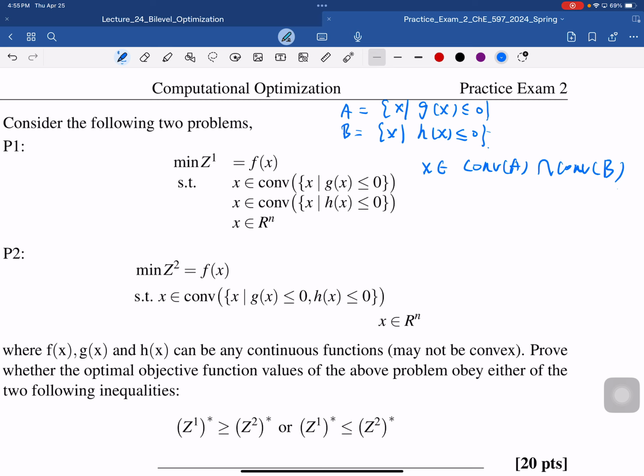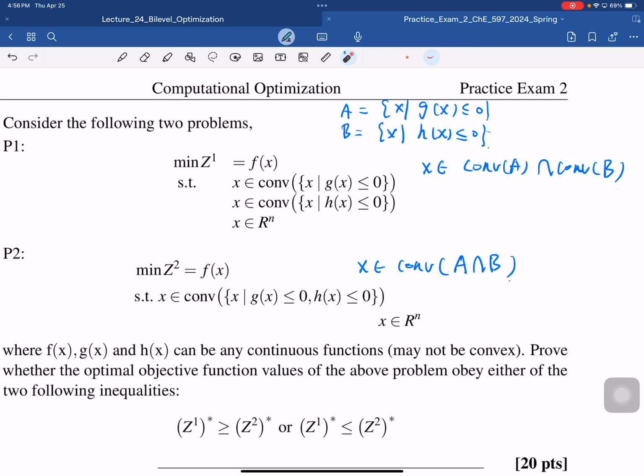So now what is the feasible region of the second problem? It is X is in the convex hull of A intersect B, right? So you first intersect these two constraints, and then you convexify them. So we are changing the sequence of doing convexification and intersection.